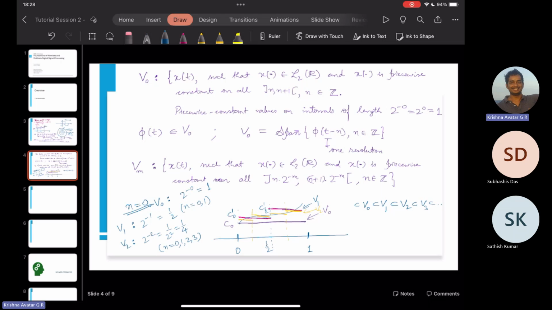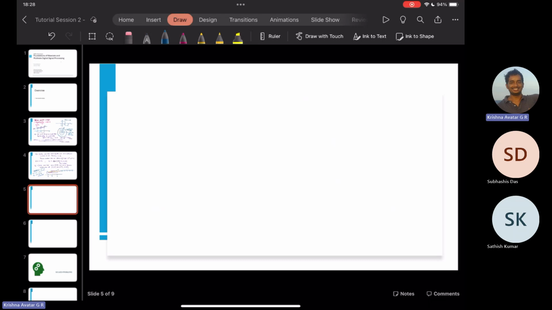Likewise, on the left hand side, we can go from V minus 1, which will be an element of V0, and likewise V minus 2, and this goes on the left hand side as well. Now, although we got this through intuition, we call it the ladder of subspaces. And this is an axiom in wavelet theory.